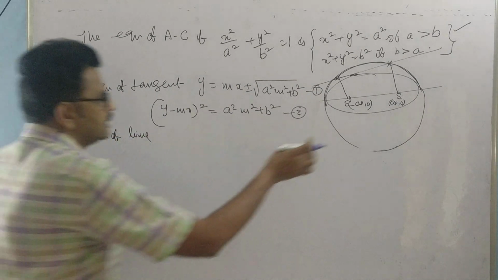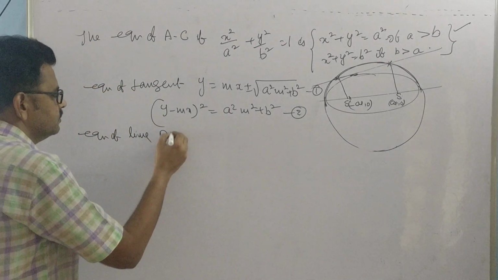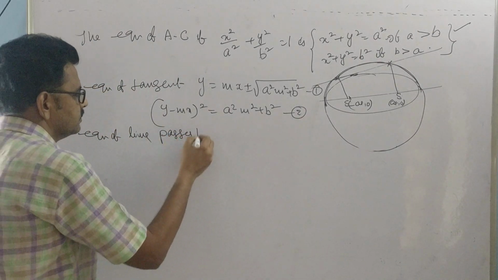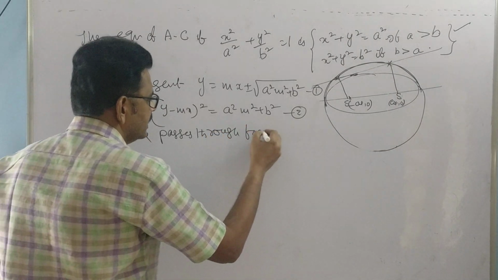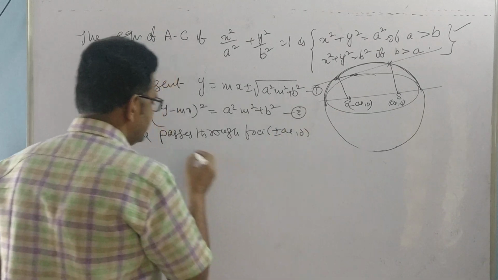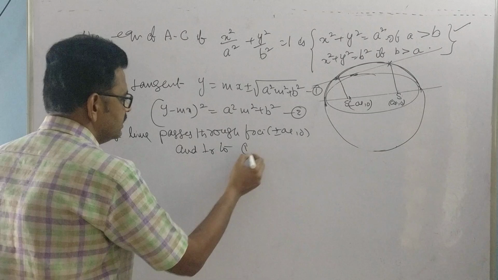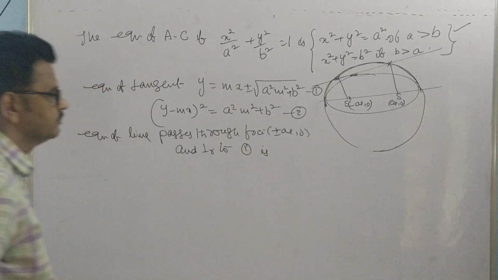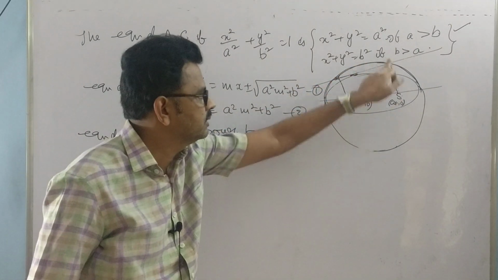So the equation of the line passes through the foci, that is plus or minus a comma 0, and is perpendicular to 1. Slope of the tangent is m, slope of this line is minus 1 by m.